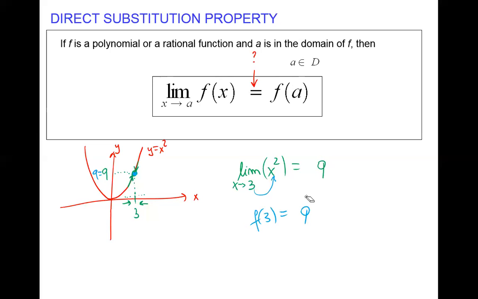Okay, let's see how we can use the direct substitution property. For example, this is my function: the limit of x squared as x approaches 3. I can simply substitute and I have 9, and we know that this is correct. I can have any function. x cubed minus x squared plus 2, no denominators, no problems. Negative 2 is definitely in the domain.